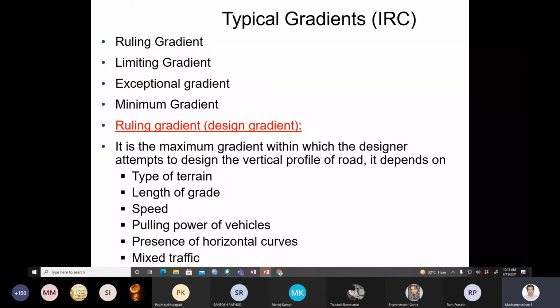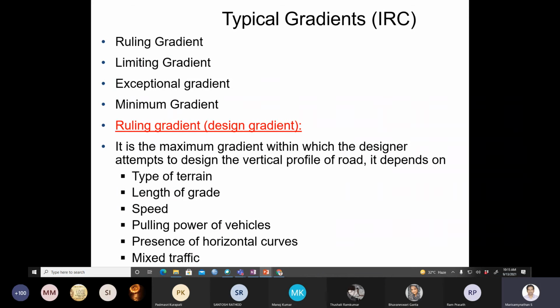That is ultimately depending upon what type of terrain, what is the length of the grade, what will be the speed of the vehicle, pulling power, presence of horizontal curve, and the mixed traffic conditions. So this is the ruling gradient, or we can say the design gradient, or we can define it as a maximum gradient also. So the three different terms we can use to define this particular maximum gradient, what the designer attempts to achieve on the field of the vertical profile given.